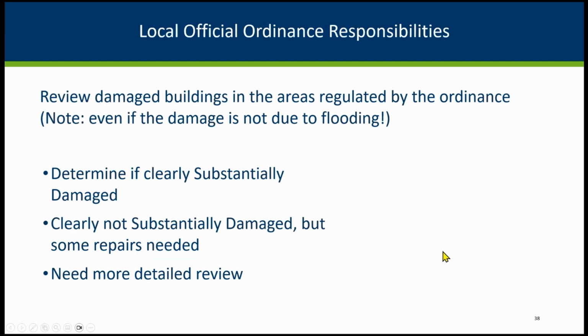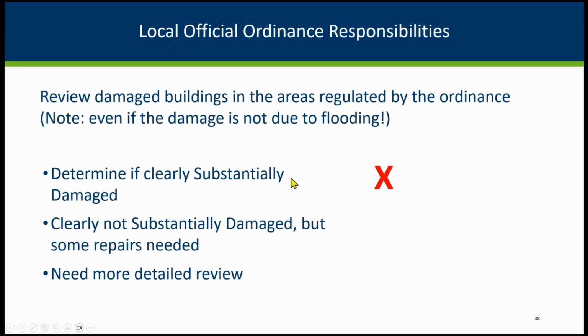But let's get back to what your responsibilities are as a local official. You're going to be reviewing those damaged buildings in the areas that you regulate. Even if the damage is from a tornado or a bigger fire, you'll be out there doing initial screening and looking at whether that building is clearly substantially damaged.